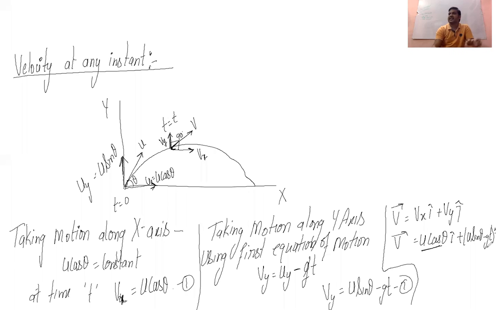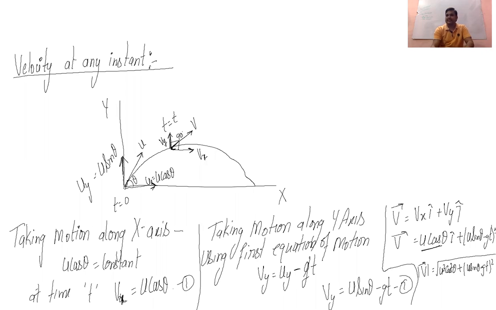So the magnitude of velocity will be the square root of u square cos square theta plus (u sin theta minus gt) whole square.